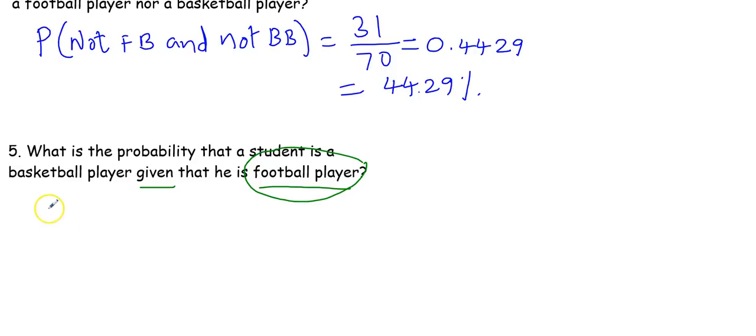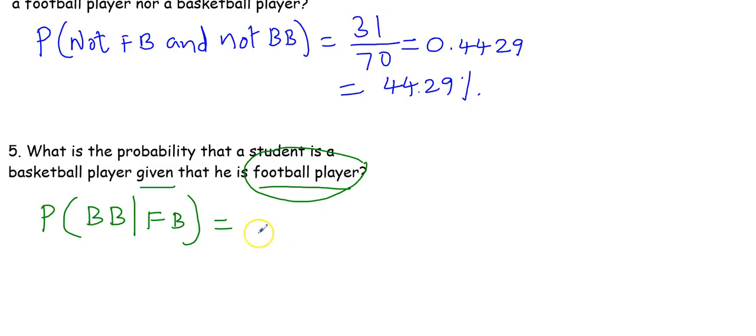Now I am looking for the probability of a basketball player, given, we use this symbol, given that he is a football player. What is the probability of finding a basketball player when you know that he is already a football player?